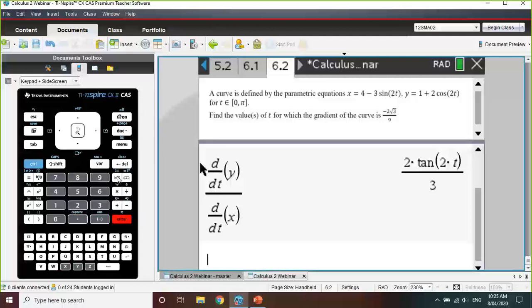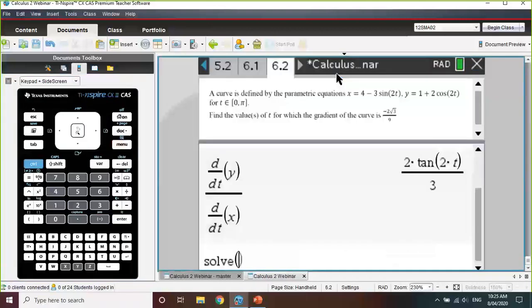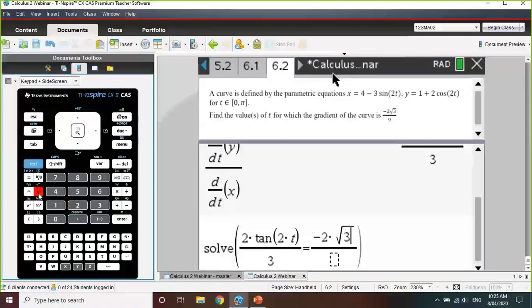Now, we want to figure out when that gradient is equal to negative 2 root 3 over 9. So we have to use our solve command now. So menu, algebra, solve. We want this equal to negative 2 times square root 3 over 9, solving for t, and making sure that we put in the domain restriction that's given to us in the question.